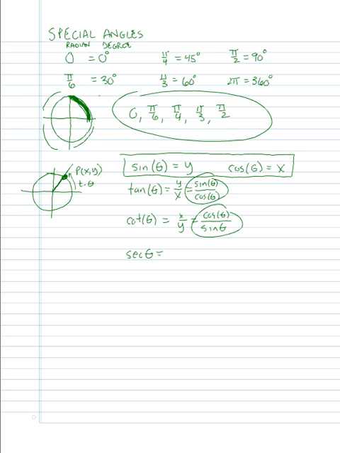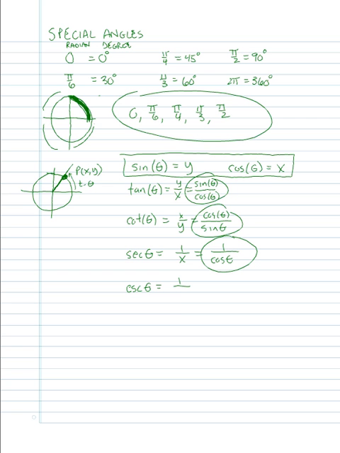Now, what about the secant of theta? Well, the secant of theta, we said, was 1 over the first coordinate. Since the first coordinate is the cosine of theta, that's 1 over the cosine of theta. So once we know the cosine of theta, we can calculate the secant of theta if we remember this. And likewise with the cosecant of theta.